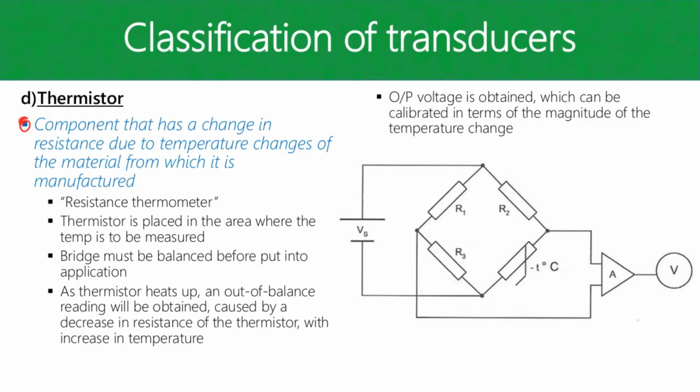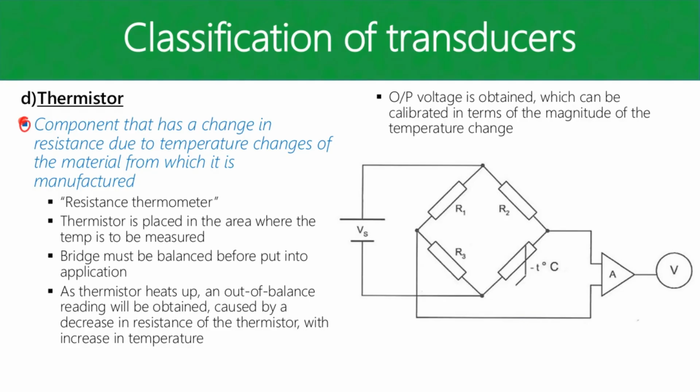Rheostat, yes, that's what I'm looking for. So the rheostat has a positive temperature coefficient. The thermistor has a negative temperature coefficient, meaning that its resistance will increase with a decrease in temperature, and its resistance will decrease with an increase in temperature.